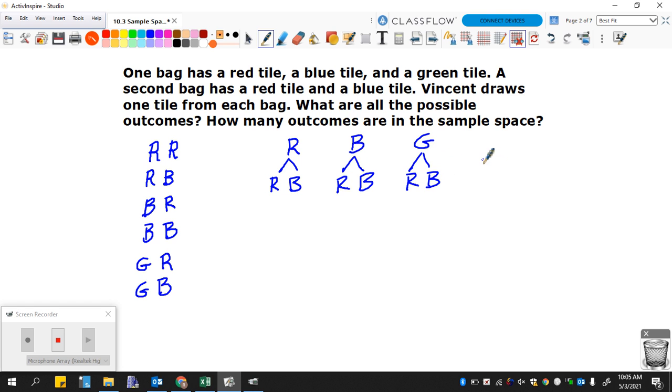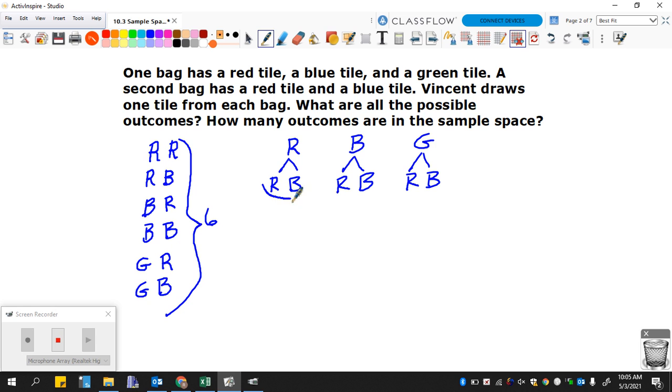Either way, it's the same, just a different way of organizing. So how many outcomes are in the sample space? We count 1, 2, 3, 4, 5, 6. So there would be 6 outcomes.